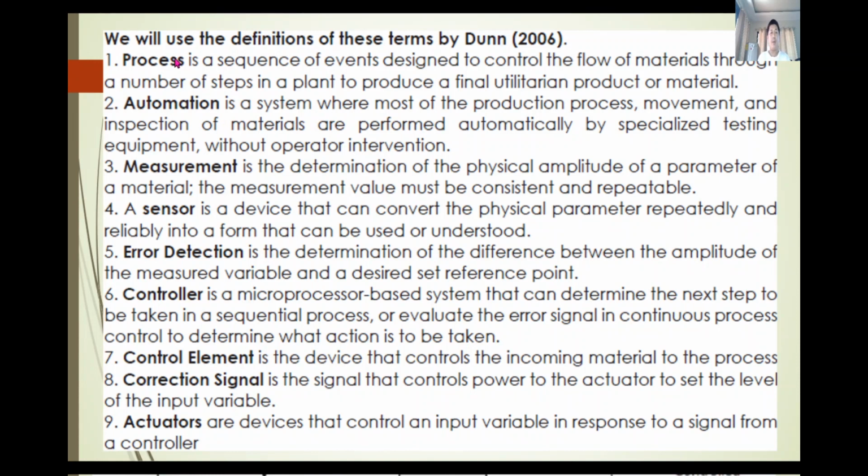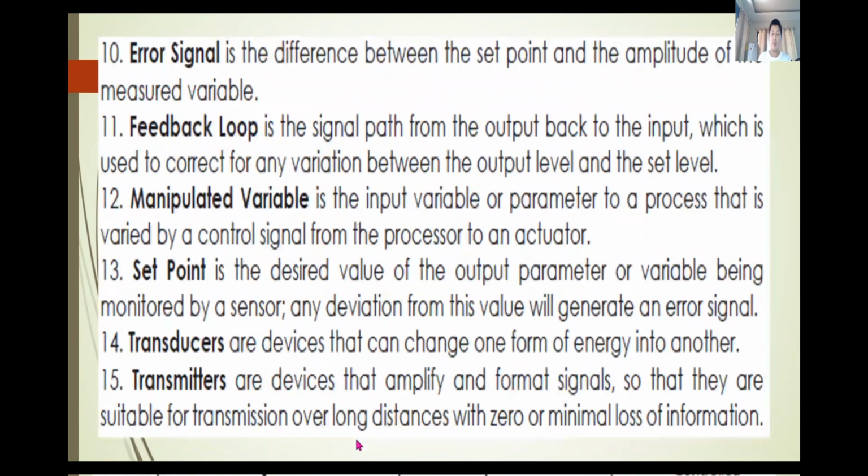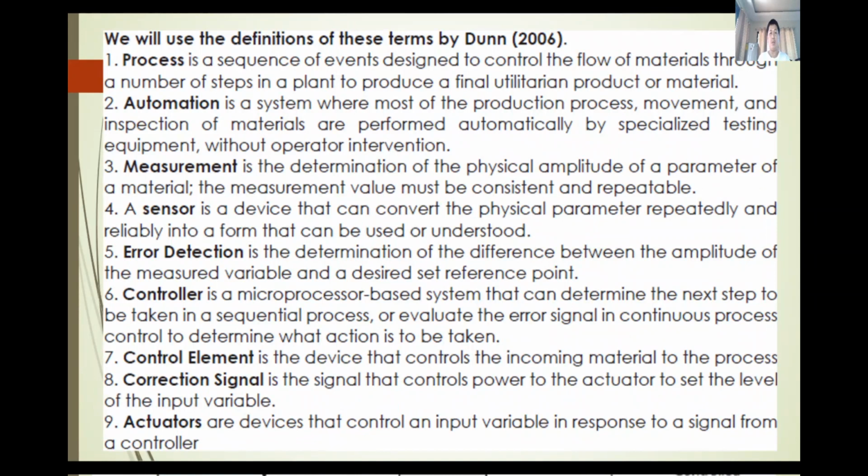So process, automation, measurement, sensor, error detection, controller, control element, connection signal, actuators, error signal, feedback loop, manipulated variable, set point, transducers, and transmitters. So you just read this one and understand how these terms apply to the control system.